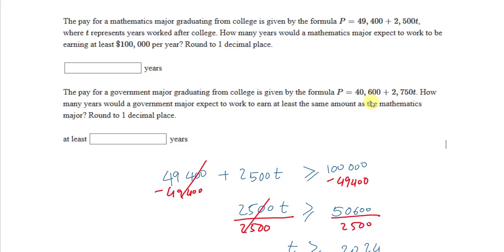You want this pay, this is the pay for a government job, which is the money. You want this guy here to earn at least the same amount as the math major. That means you set this expression here to be bigger than or equal to this guy, because you want at least, right?